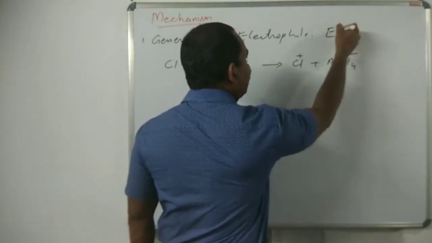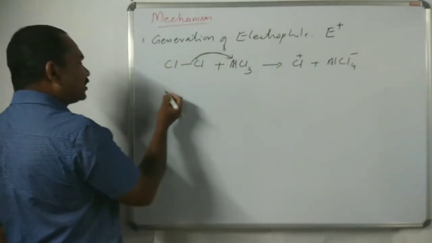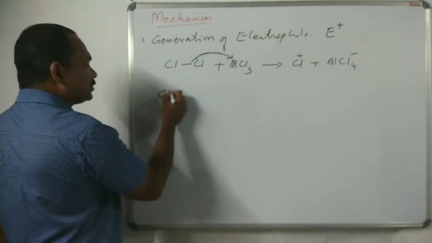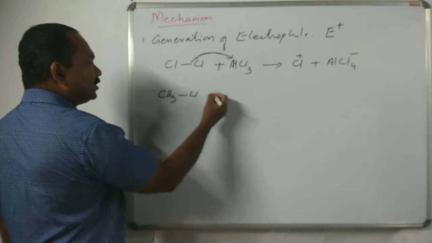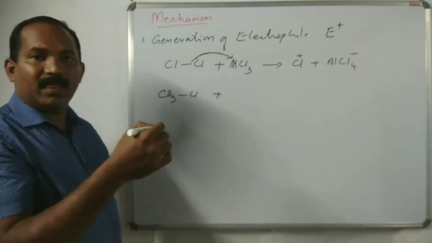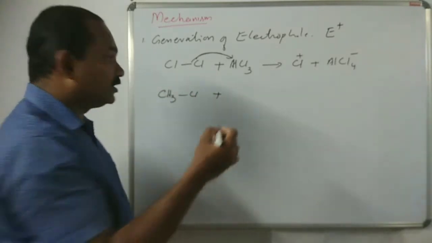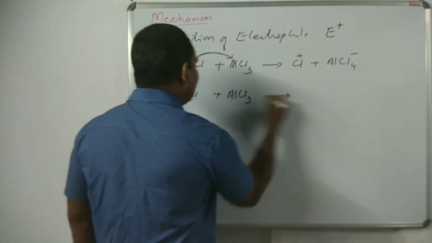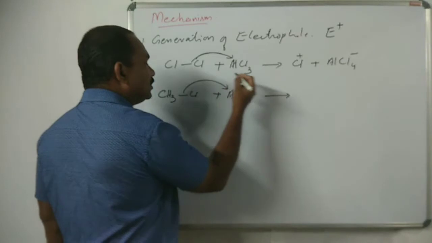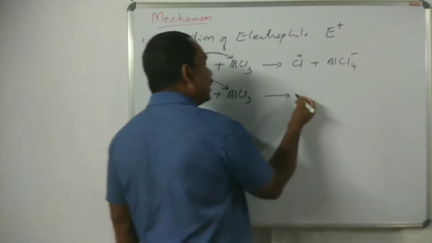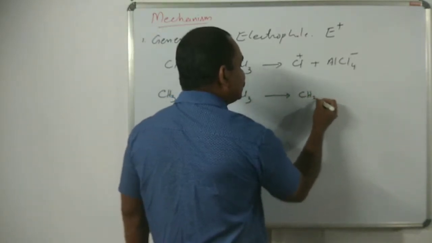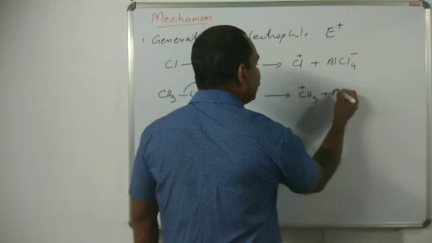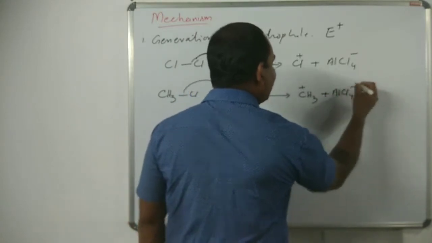Electrophile E plus. And in the case of alkylation, CH3Cl. Here also we use anhydrous AlCl3. This is moved to the AlCl3, we get CH3 plus AlCl4 minus.